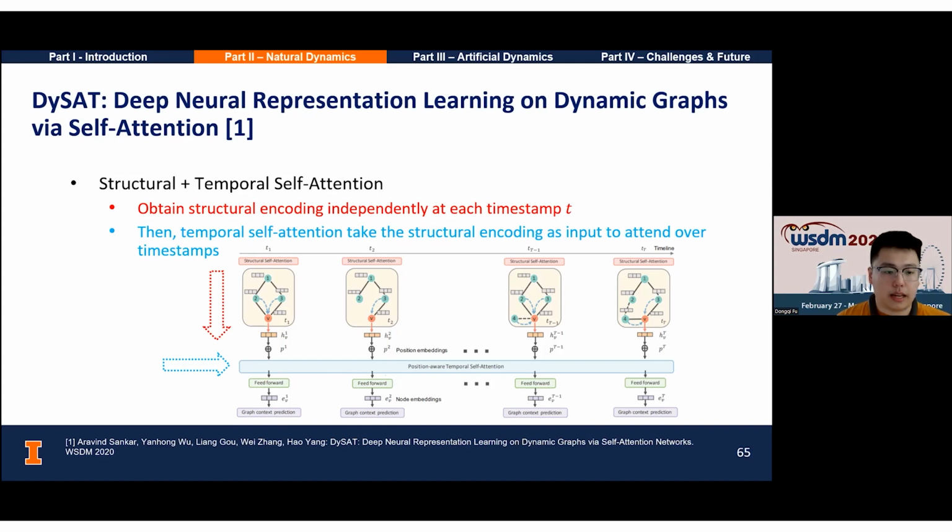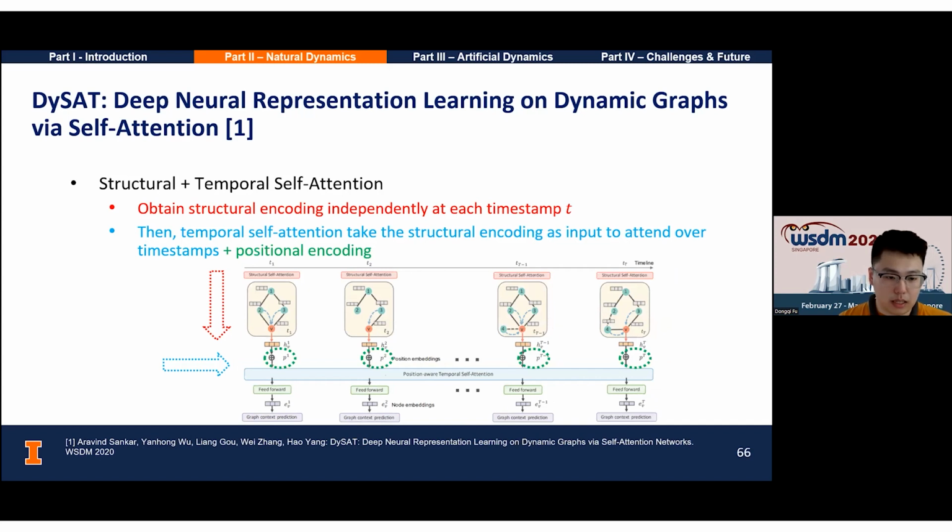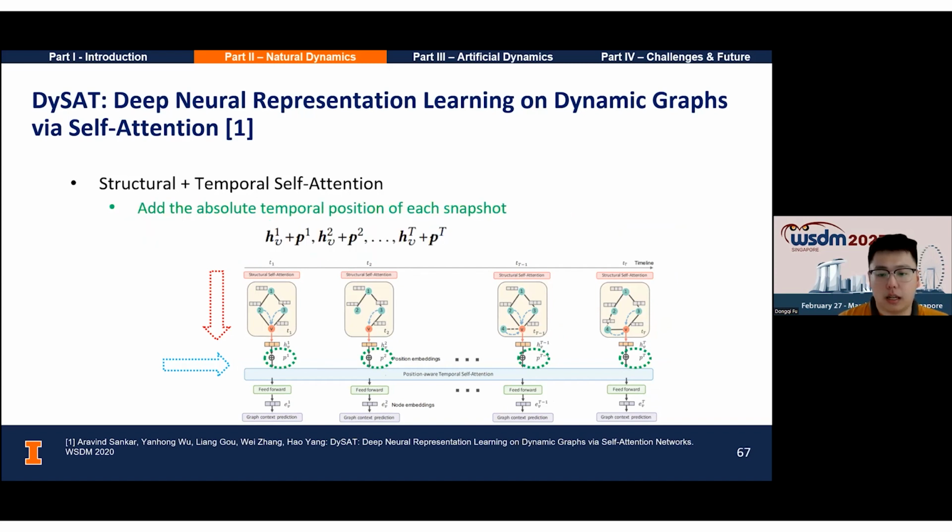Is this all for DySAT? Maybe not. If you zoom in on this architecture, we can find a P here. The P at each time t stands for the positional encoding. So what does the positional encoding do in this architecture? The positional encoding originated from the NLP community, from the self-attention or transformer architecture, which aims to add the absolute position constraints.